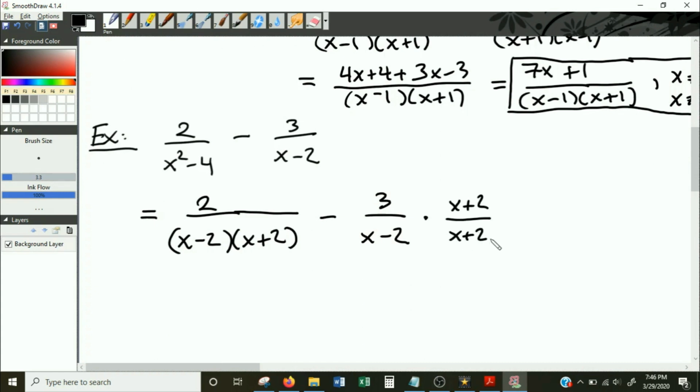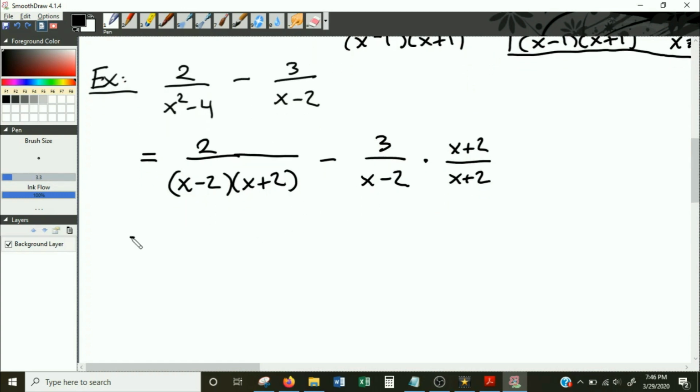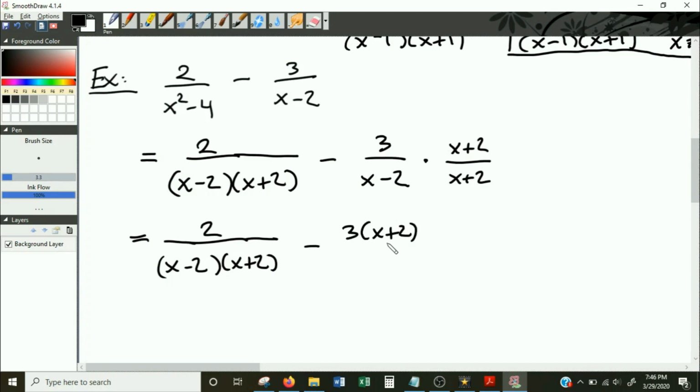And the reason why is I want the x minus 2 and the x plus 2 to combine in the denominator so that I can subtract it from this first one. So what I get is 2 over x minus 2 times x plus 2, and this becomes minus 3 times x plus 2 over the same thing, x minus 2 times x plus 2. Same thing as in the first fraction.